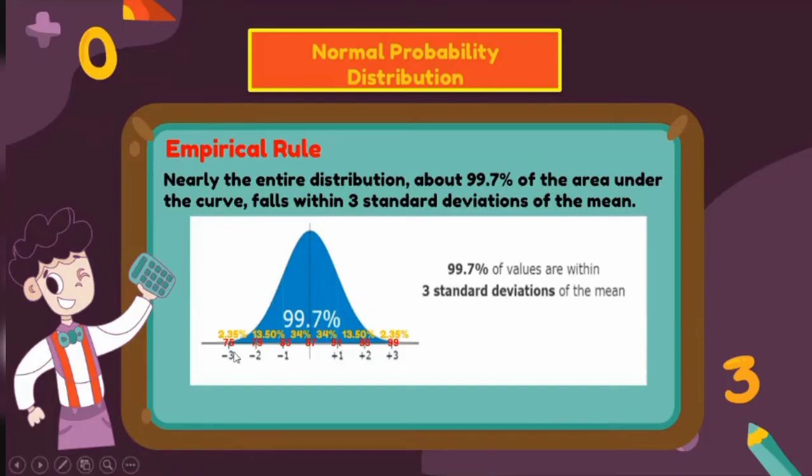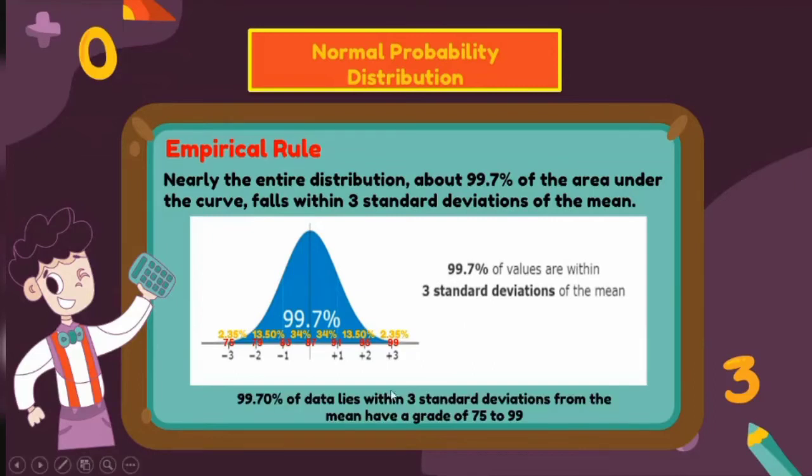How about 75 to 79? You have 2.35%. 95 to 99, you also have 2.35%. So from 79 to 95, you have 95%. Then we add the 2.35 and also 2.35, and you will have 99.7 or 99.70%. So 99.7% of the values are within 3 standard deviations of the mean.